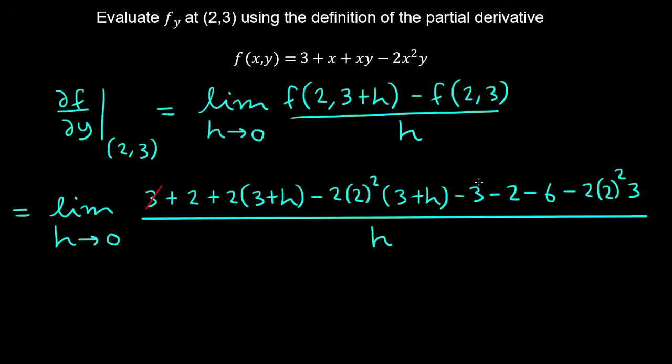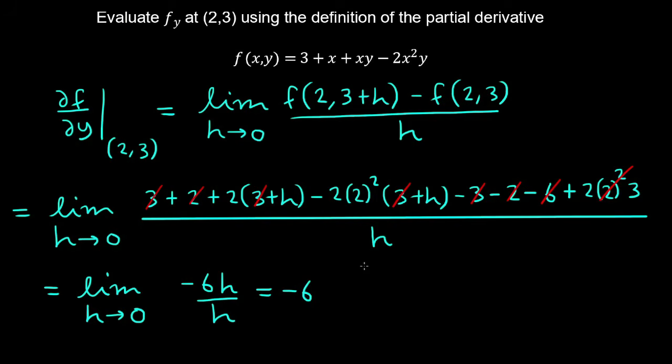So 3 cancels, and 2 cancels, and 2 by 3 is 6, cancels with this 6, and this last term should be positive because we're subtracting the function, so we have minus minus, and therefore this term cancels with this term. What we get is the limit as h approaches 0, and we have 2h minus 8h, which is minus 6h on h. So the h's cancel, and the limit evaluates to negative 6.